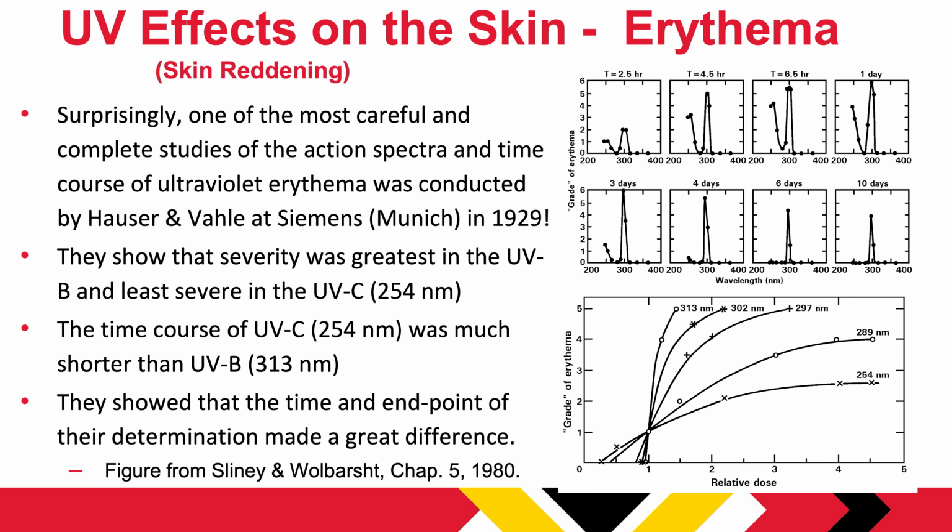The last thing I'll mention here has to do with studies of the acute effects of UV on the skin. And what we see here are the results from a study that was conducted by Hauser and Walle at Siemens Company in Munich back in the 1920s and published in 1929.